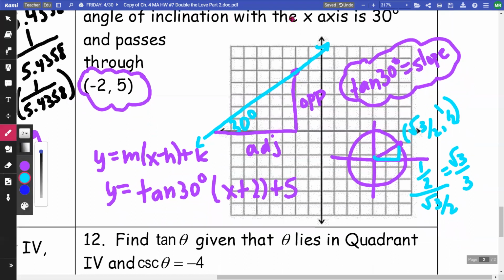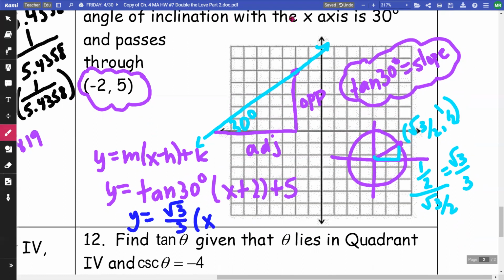So this is going to be y equals √3/3 times x plus 2 plus 5. You can also put tan of 30 in your calculator and get a decimal equivalent, okay?